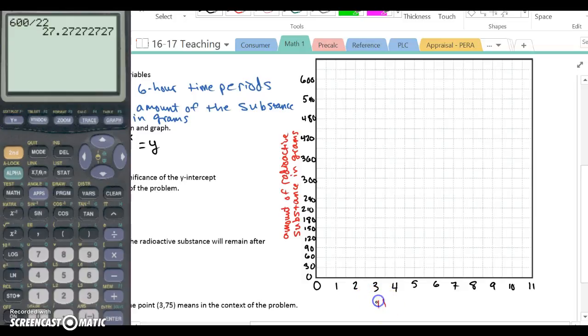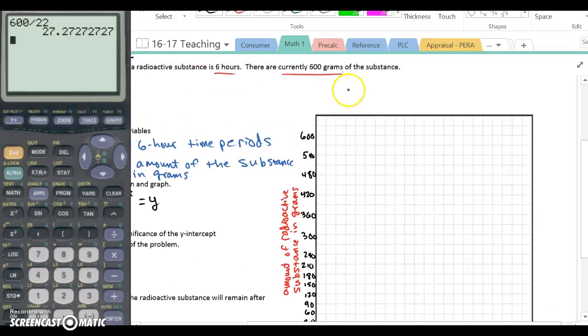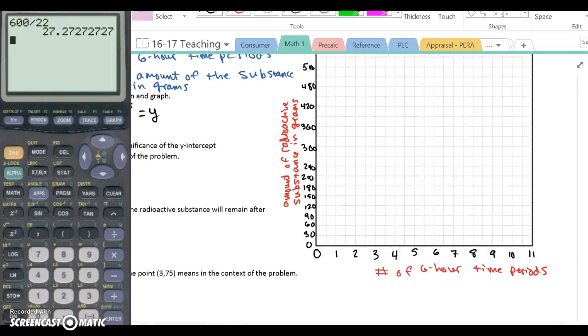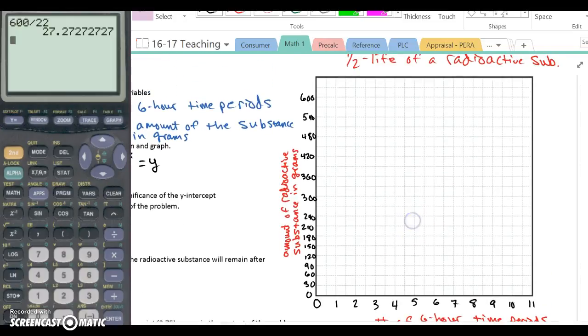This down here would be number of 6-hour time periods. And we'll call this half-life of a radioactive substance. I'll abbreviate for space. Okay, so that's really the hardest part.